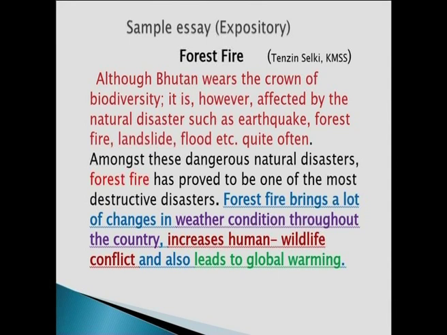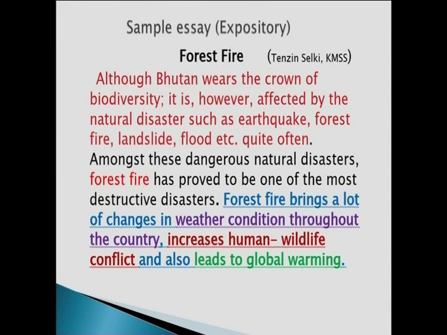And the specific idea of forest fire is further developed into the thesis statement. And the thesis statement is forest fire brings a lot of changes in weather condition, point number 1. Increases human-wildlife conflict is point number 2, and leads to global warming is point number 3.